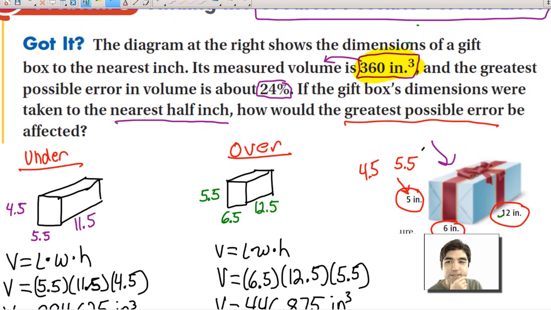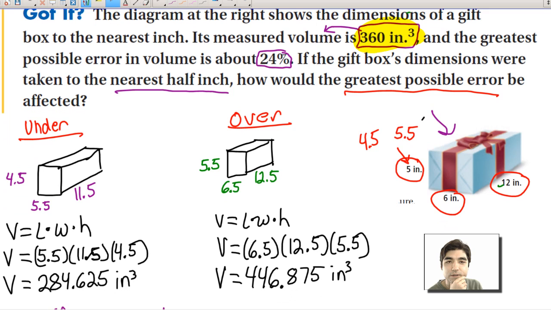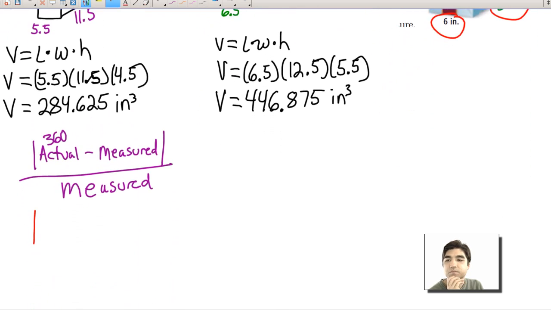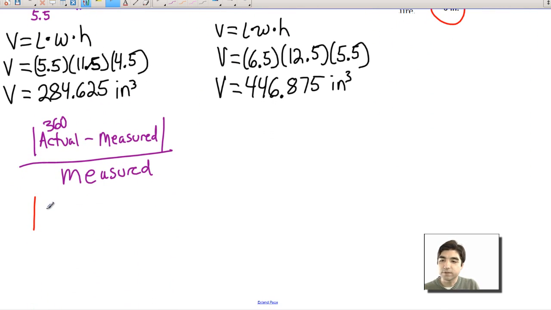Its measured value is 360. No, the 360 would be the measured.